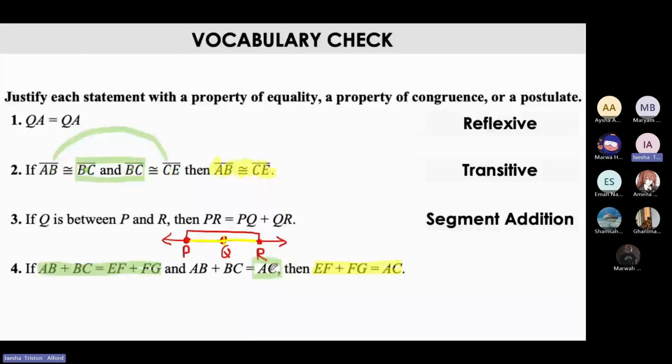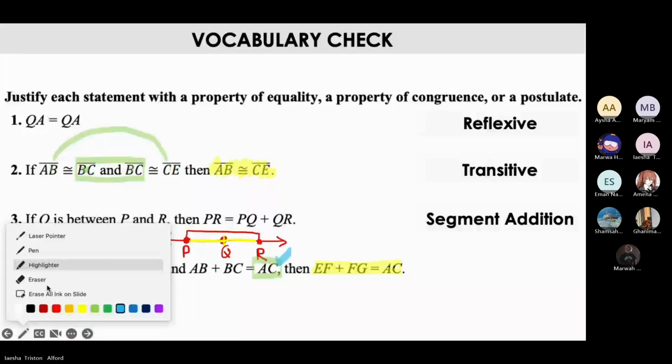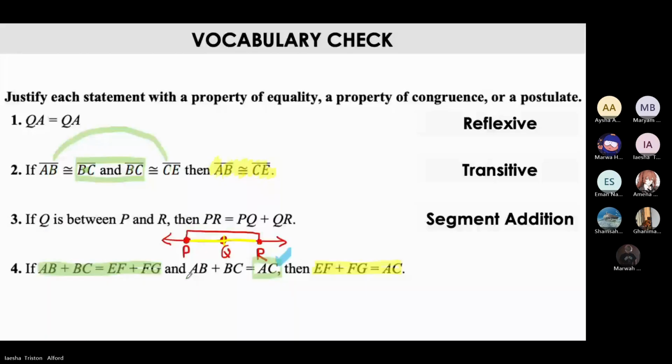Yes, here is the AC, fine. See this part? What happened to this part? Is it still there or was it deleted? Deleted. Okay, why can you delete it?